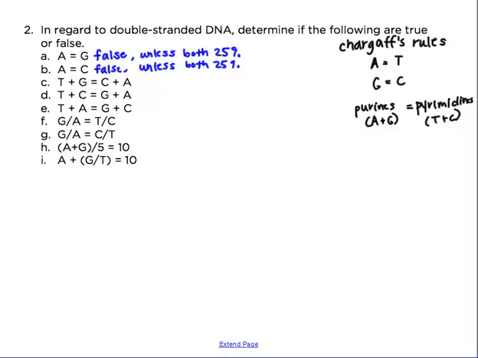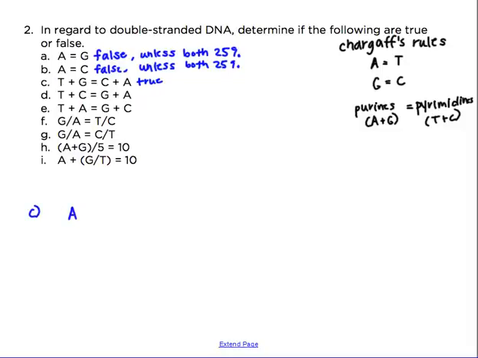Okay, C. C says T plus G equals C plus A. Well, remember that A and T are equal to each other, and G and C are equal to each other. So here, purines equal pyrimidines, we're saying that A plus G equals T plus C. However, T plus G equals C plus A is also true. And for C, let's just do a little example.